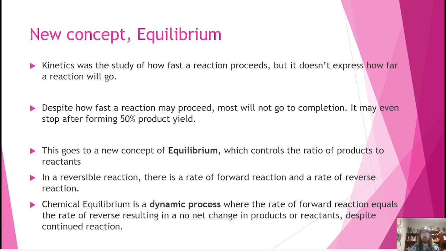So this brings us to a concept called equilibrium, which is the push-pull balance of reactants and products that will control the degree of chemical reaction we will see in many complicated systems. Equilibrium only truly works in reversible reactions.